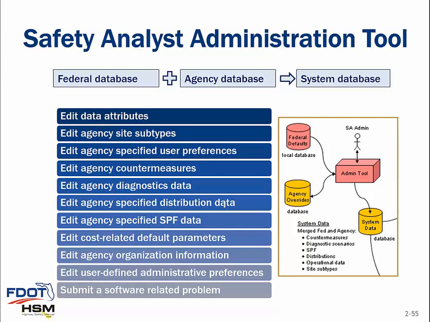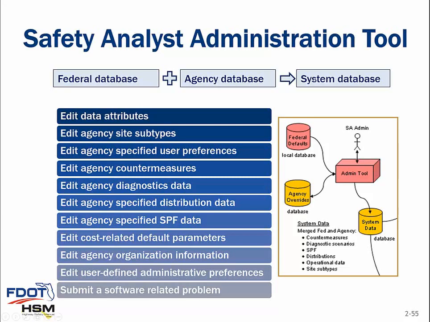The administration tool operates with three separate and distinct databases: the federal database, the agency database, and the system database. The federal database is a read-only local database that is distributed with the administration tool. It contains federal default data plus national averages for the crash distributions. The agency database is a local database that you maintain using the administration tool. It is the repository for the agency's specified deployment attributes.